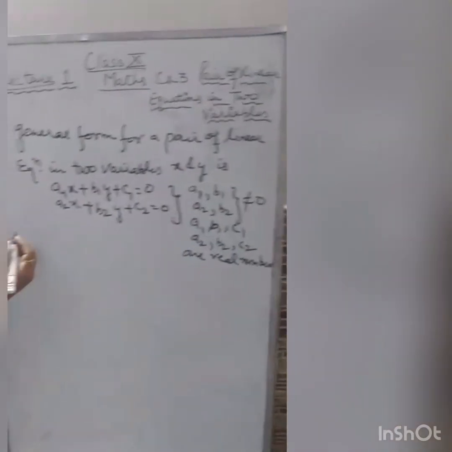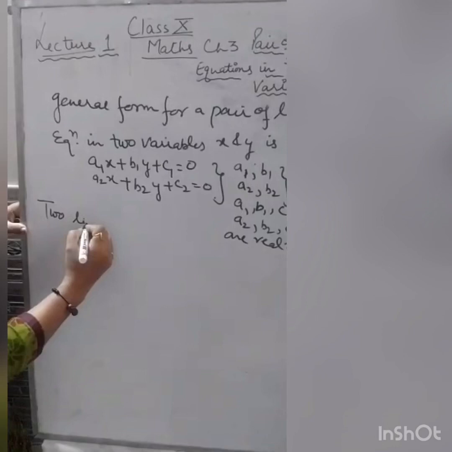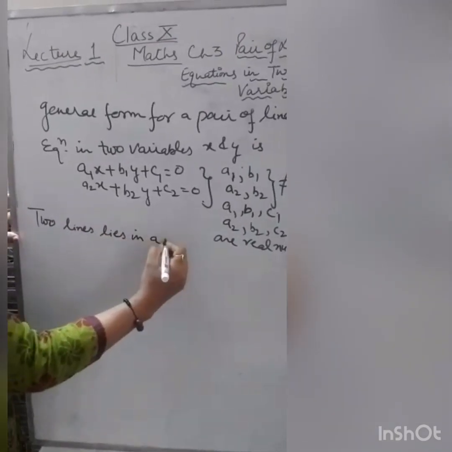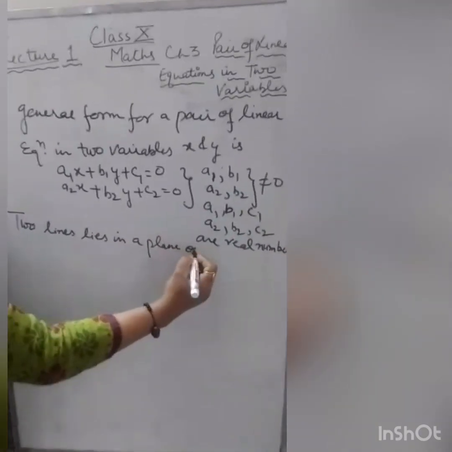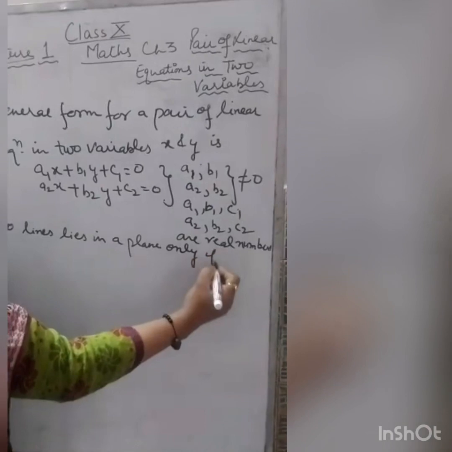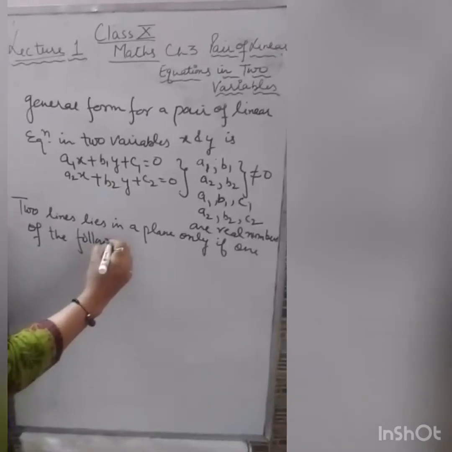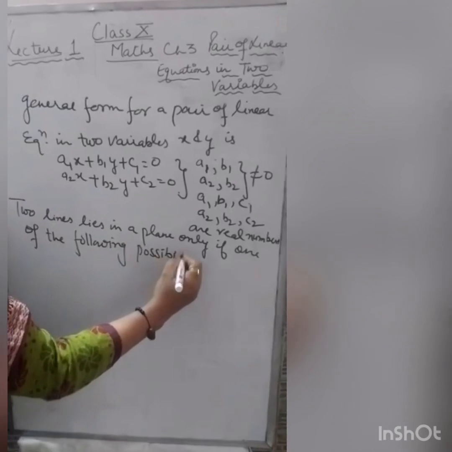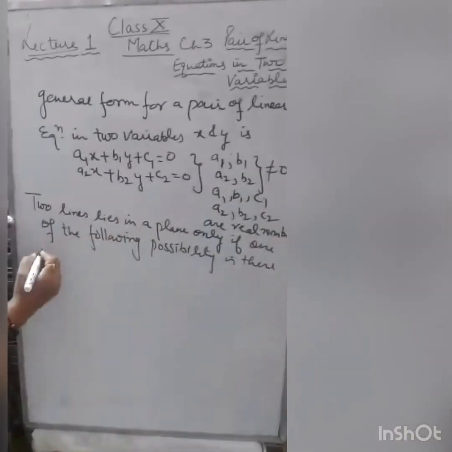Now in 9th class we have done that two lines lie in a plane only if one of the following possibility is there. Now what are the possibilities?